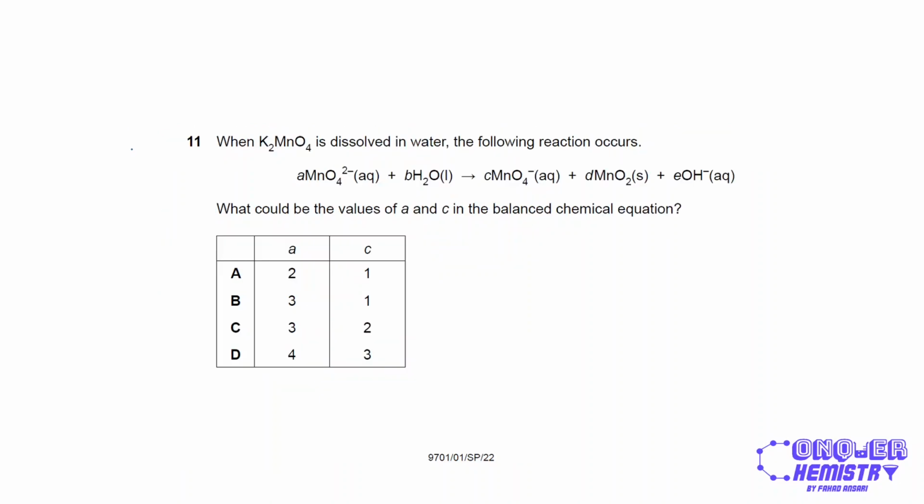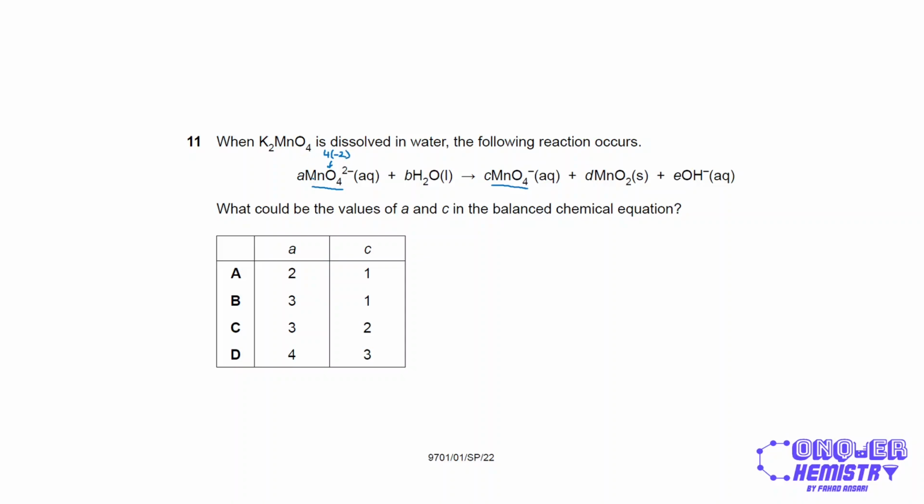So in this question, another redox reaction, and this is between MnO4²⁻ ions reacting with water to form MnO4⁻ ions, right? So over here, for the Mn oxidation state, we'll have to calculate this. So we have 4 oxygens, right? So that'll be 4 times -2.